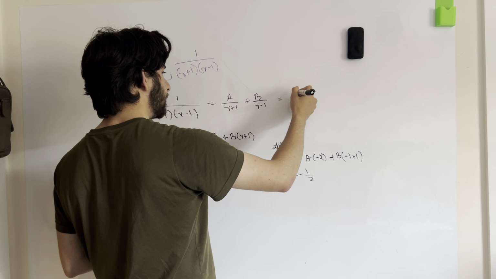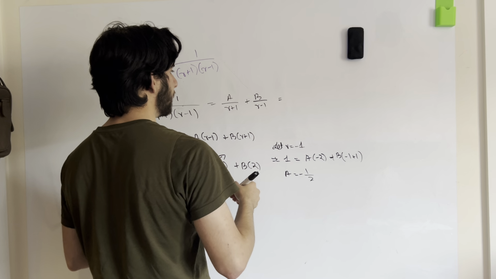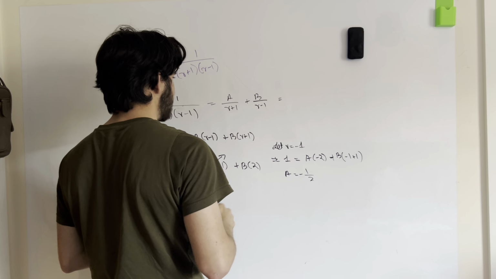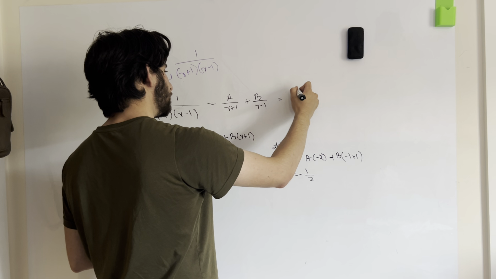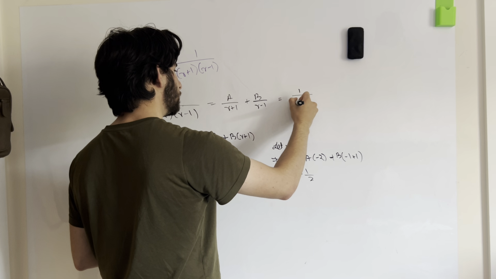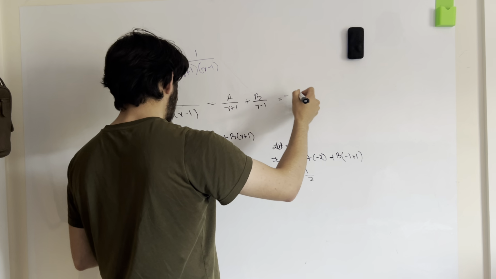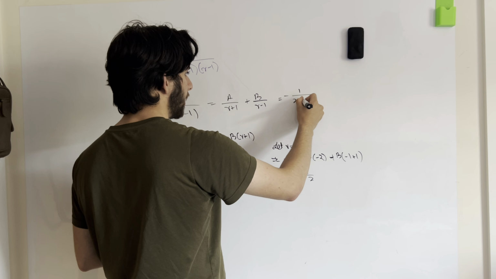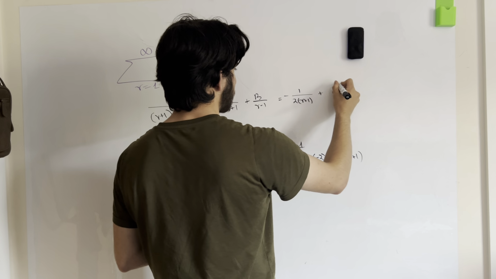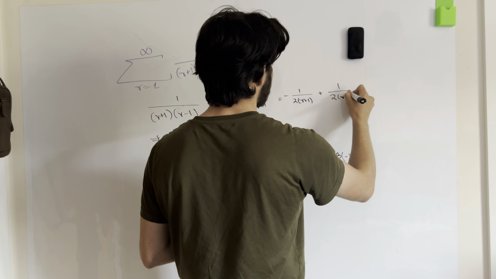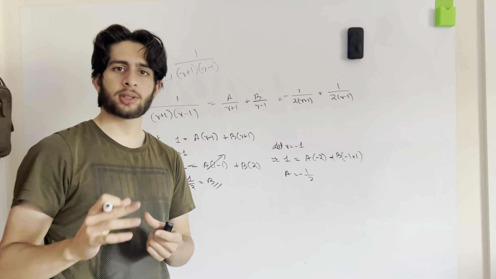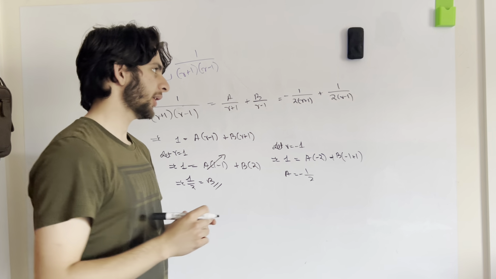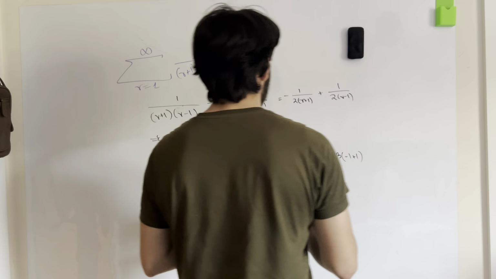Therefore, this kind of ambiguous expression, I say ambiguous because it doesn't have any values for a and b, becomes minus 1 over 2(r plus 1) plus 1 over 2(r minus 1). Of course, you can check if this expression is correct if you just expand outwards and arrive at the final answer, which is going to be the same.